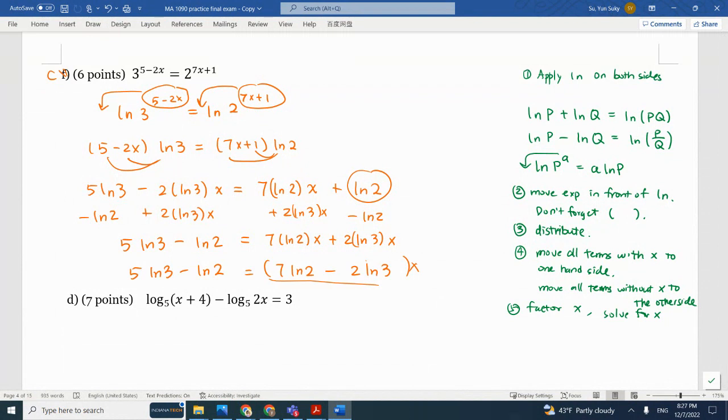Okay, so we ran out of space. Let's put it on the top. So 5 ln 3 minus ln 2 divided by 7 ln 2 minus, plus, not minus, plus 2 ln 3. So this is the exact answer.